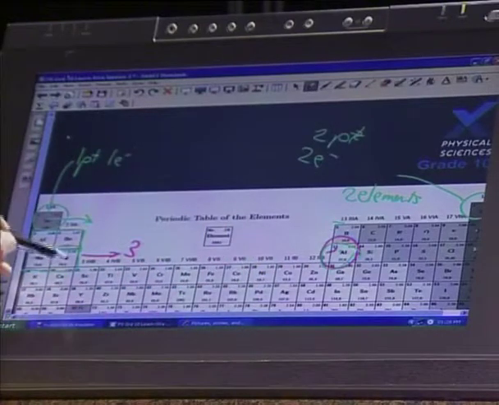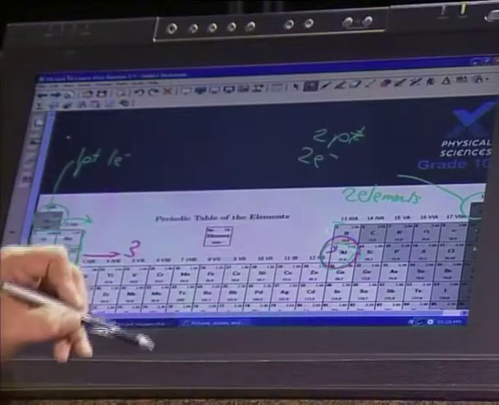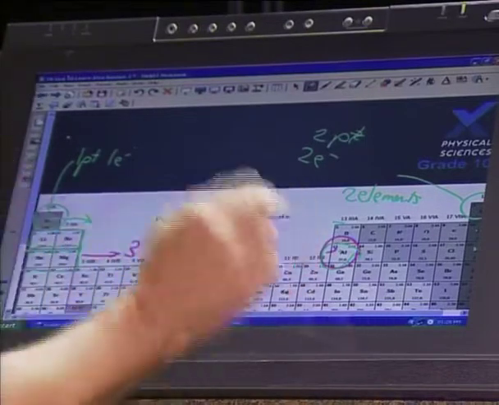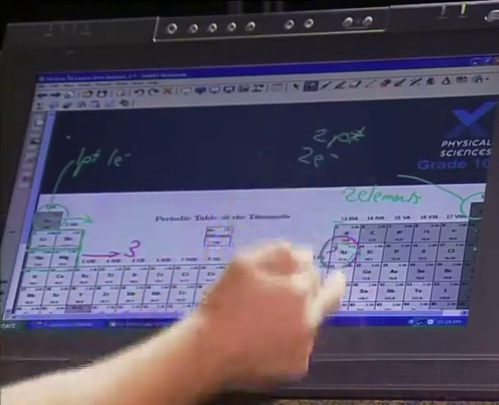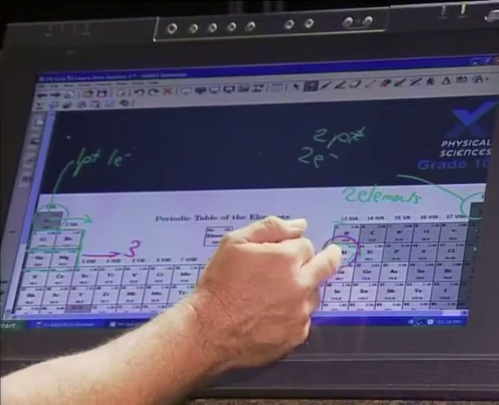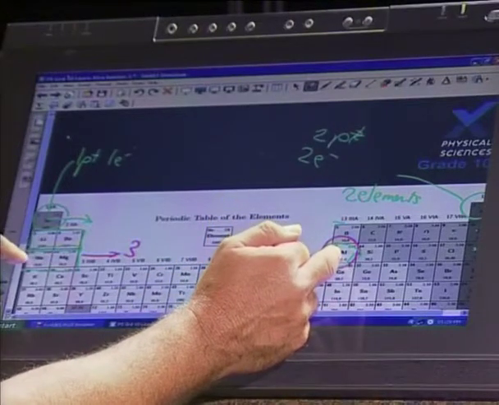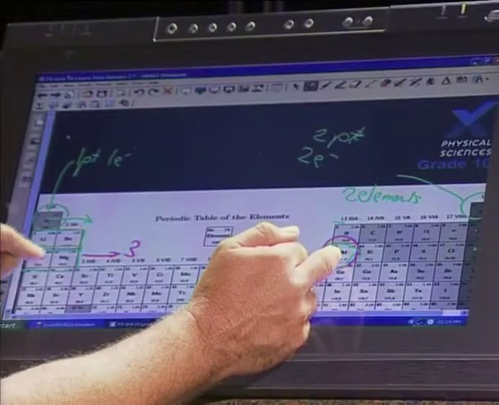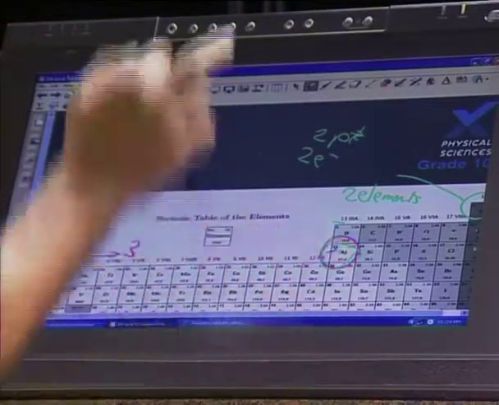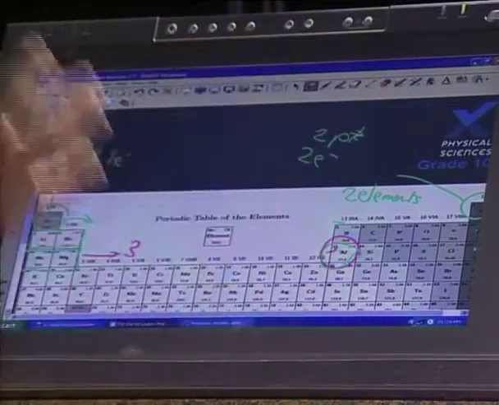So that looks like the pairing. They pair together, and that's 1 on its own. So the number of electrons, this one is 3 in the last shell, the valence shell. 1, 2, 3. So the group number is telling us the number of valence electrons.